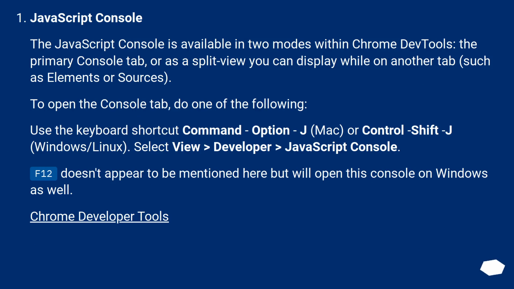To open the console tab, do one of the following. Use the keyboard shortcut Command-Option-J on Mac, or Control-Shift-J on Windows/Linux. Select View, then Developer, then JavaScript Console. F12 doesn't appear to be mentioned here but will open this console on Windows as well.